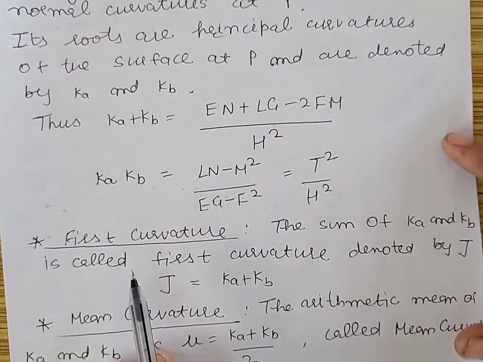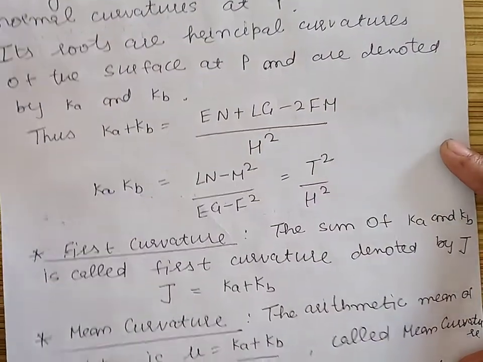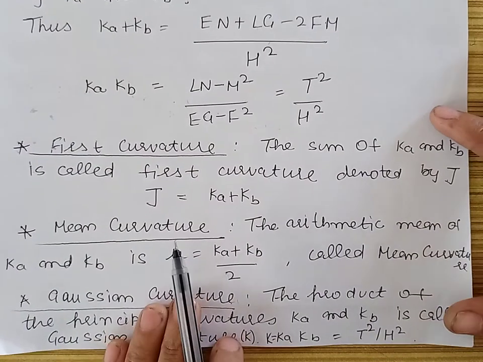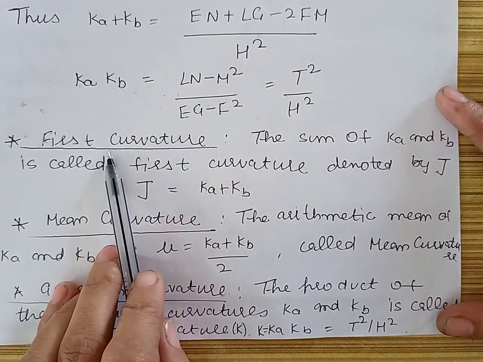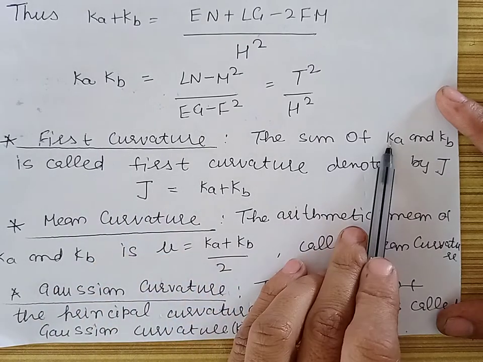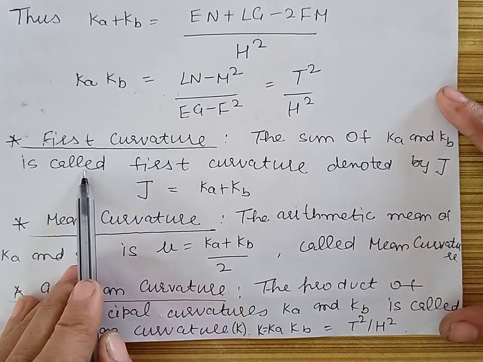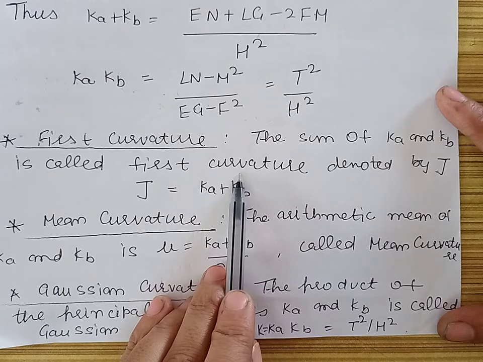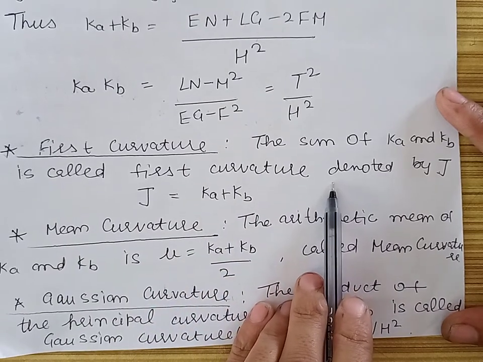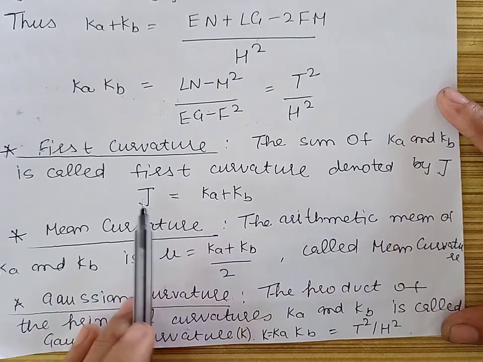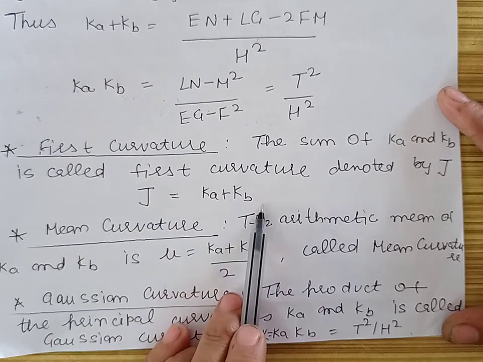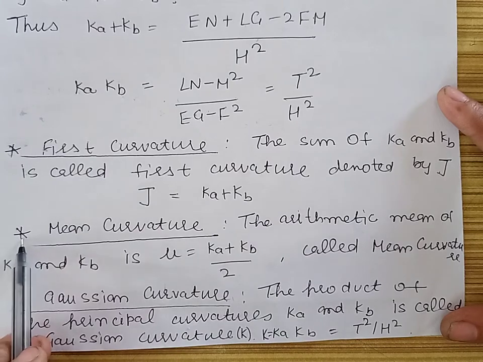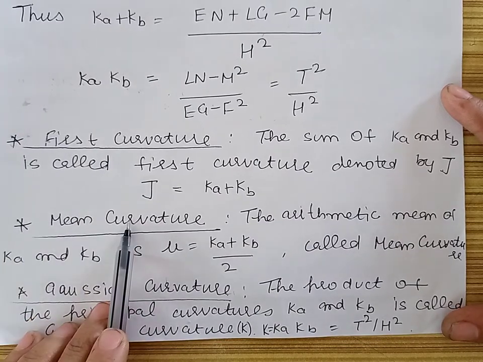Now, next we define some important curvatures. The first type of curvature is the first curvature. The sum of the principal curvatures κA and κB is called the first curvature at the point P, and it is generally denoted by capital J. So capital J means first curvature, that is the sum of κA and κB. The next type of curvature is mean curvature.